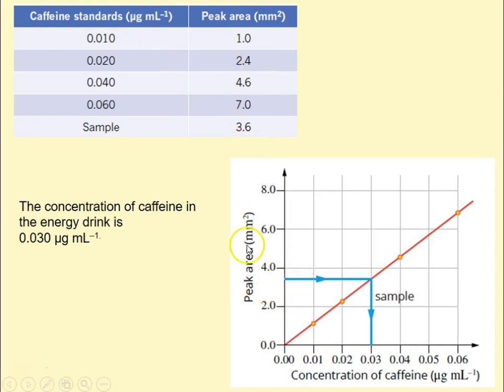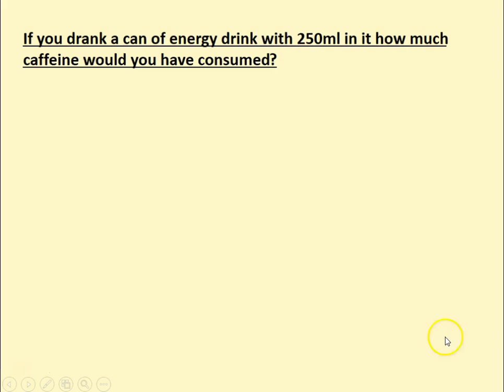In this case the peak area is measured in millimeters squared. So your 0.01 microgram per mil concentration produces an area of 1 millimeters squared.